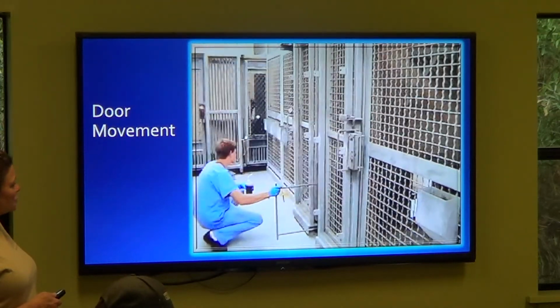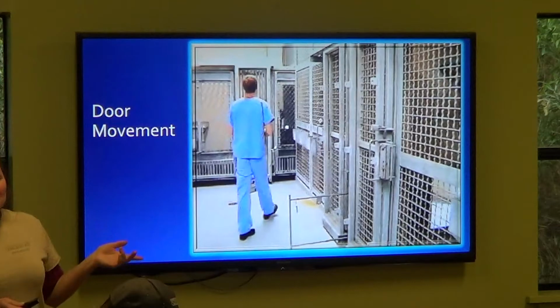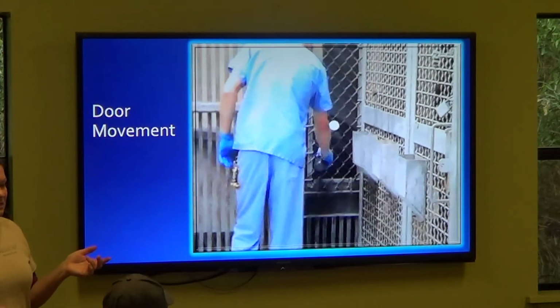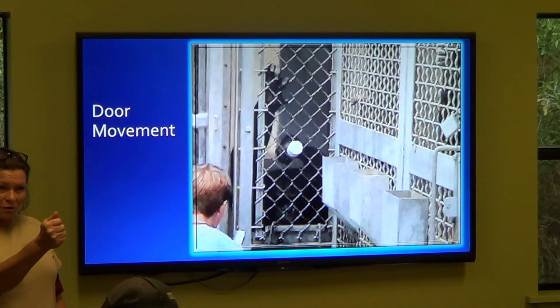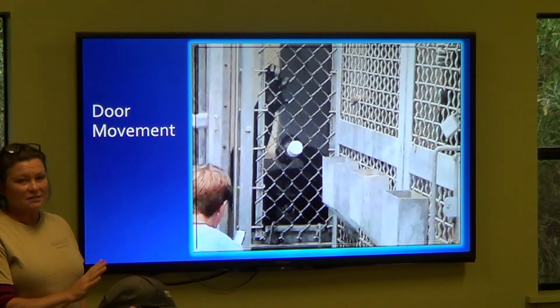Now he moves the door just a tiny bit. It's a perfect bridge. He bridges at that moment when he moves the door. So he's bridging when he's telling her to stay.